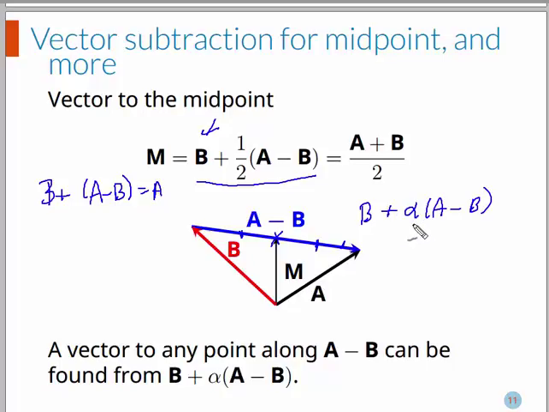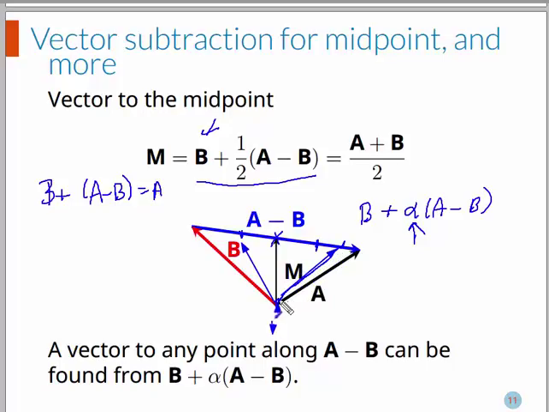So I can vary alpha as much as I want, and every time I vary alpha and use this equation, I get another vector. And the vector points from the common tails here, tail B, up to the line. Let me use arrows, this looks a little bit better. So I get all these different arrows along here.